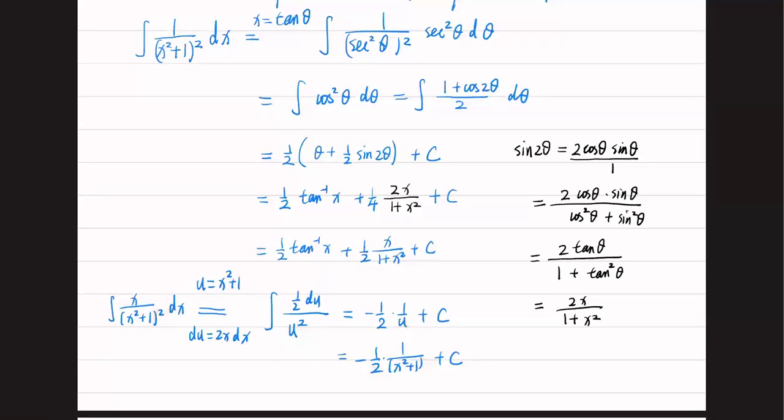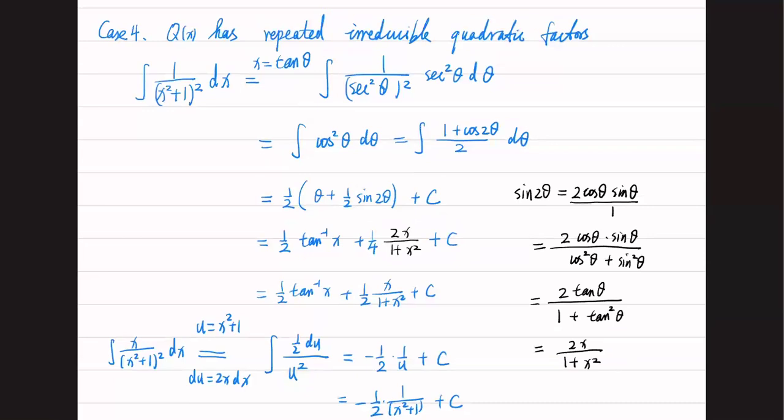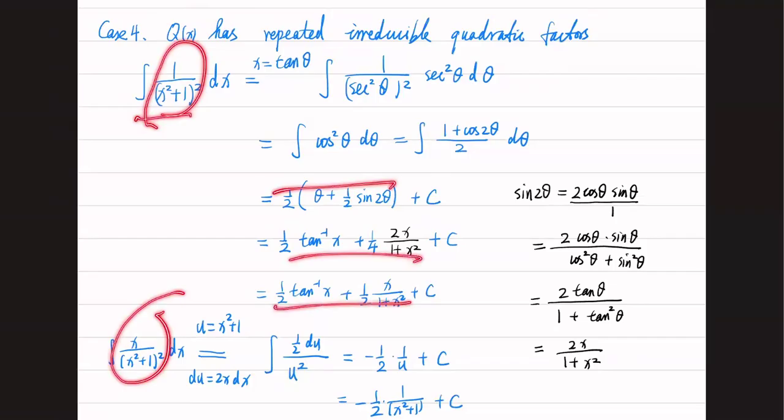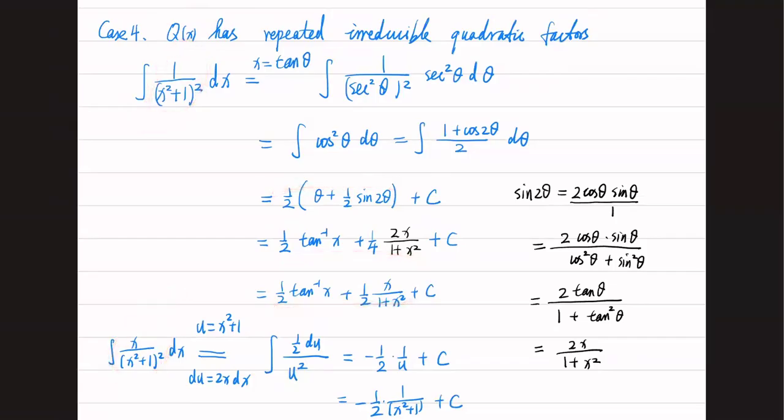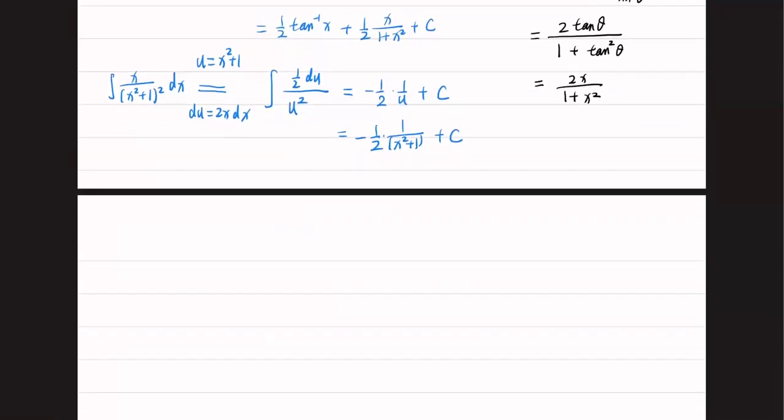So the steps to deal with complicated rational functions: first, we use the partial fraction decomposition to decompose it into a collection of simpler ones. Then we integrate the simpler ones using the methods we learned before. Okay, so this is the fourth method, partial fraction decomposition.